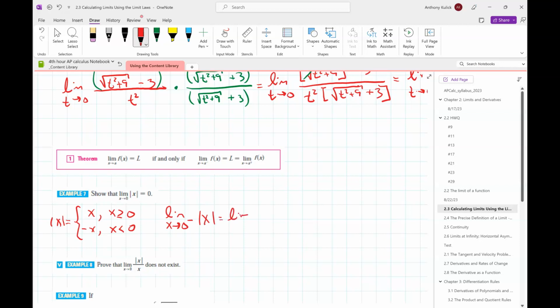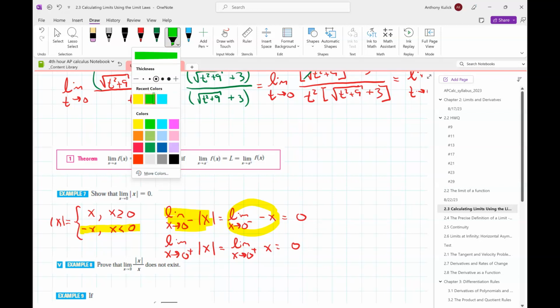Since I need to show the left-hand limit and the right-hand limit are both 0, by doing the left-hand limit, I'm isolating this part, so I can make that replacement, and now I have a polynomial, so I can direct substitute.